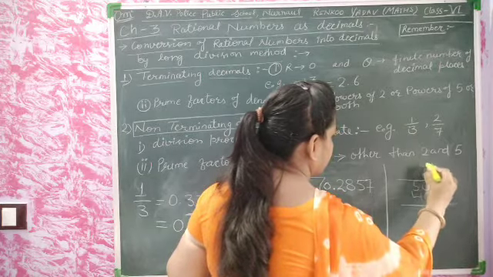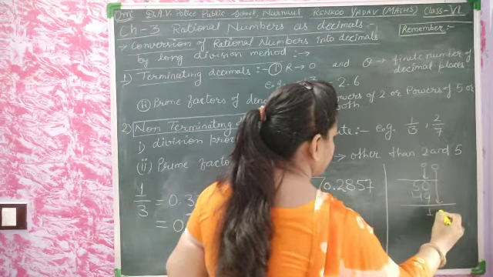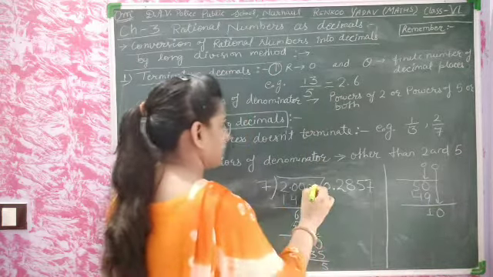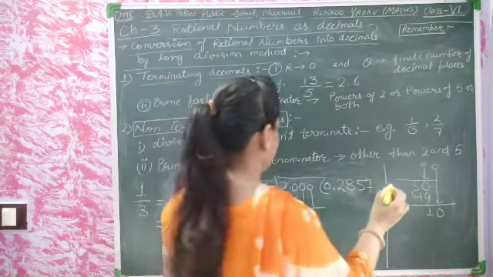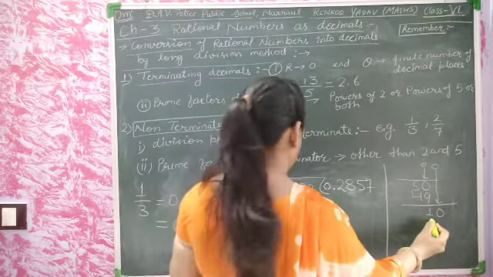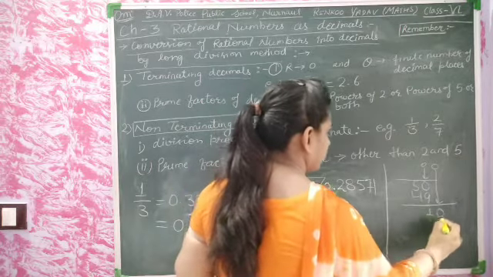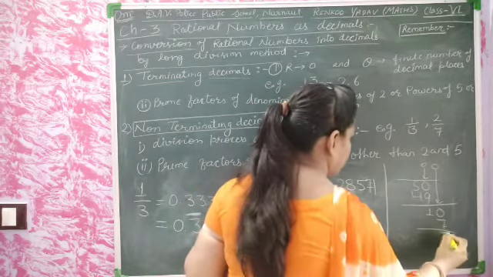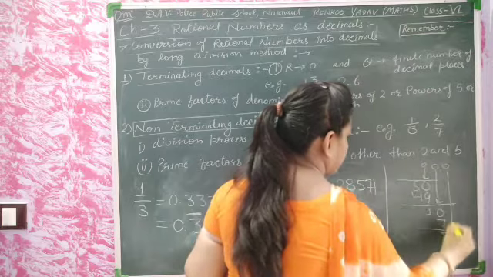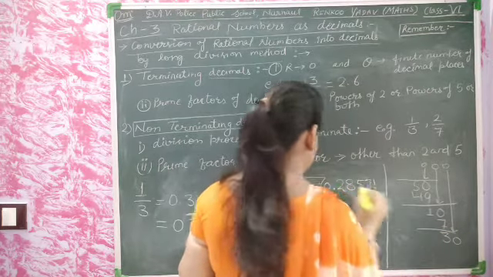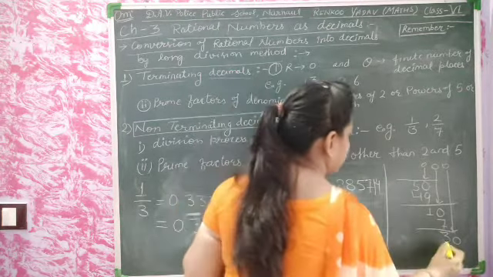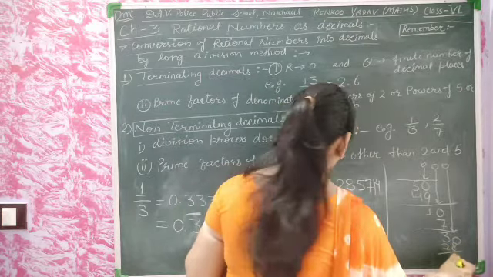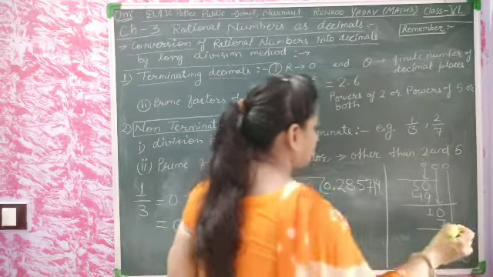Now taking another 0. 7 1s are 7, and now again there is 3. Now again we place the 0, and 7 4s are 28. There is 2, and there is 0.